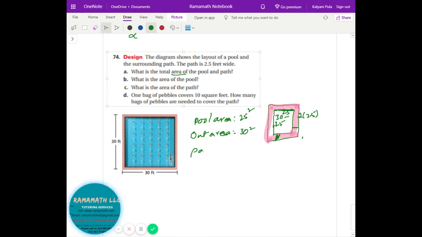So the path area is going to be 30 squared minus 25 squared. Or you can say 900 take away 625. And then you get that path area. And then we can do the other stuff, whatever you need. Like if you want to add some tables on there, like the path, we can do that also. Does that make sense?